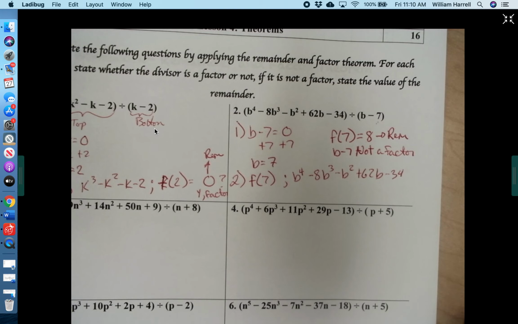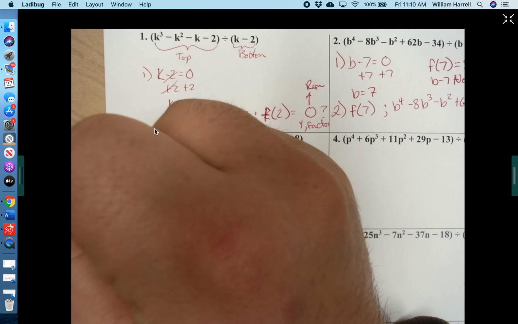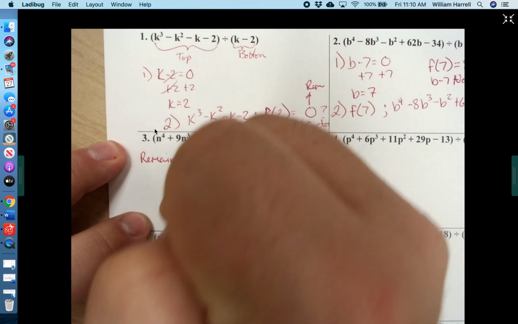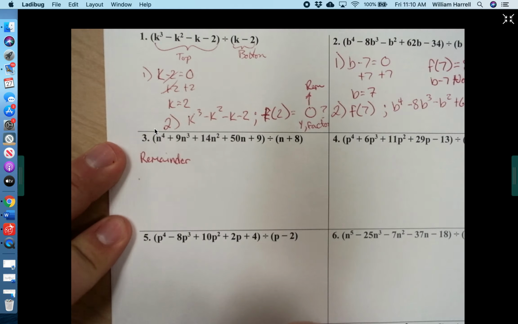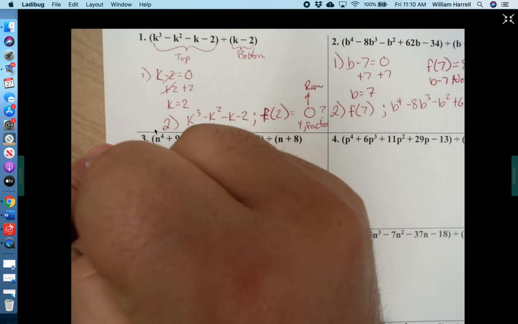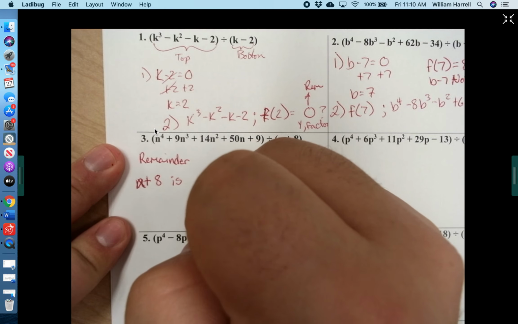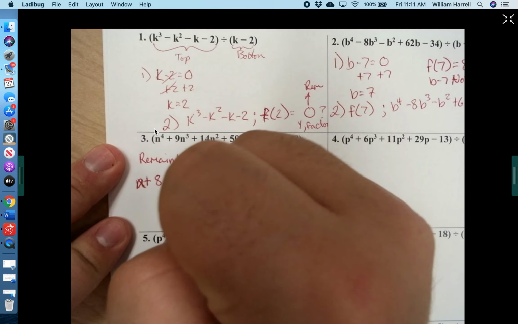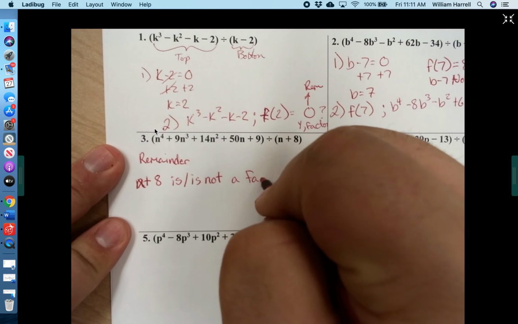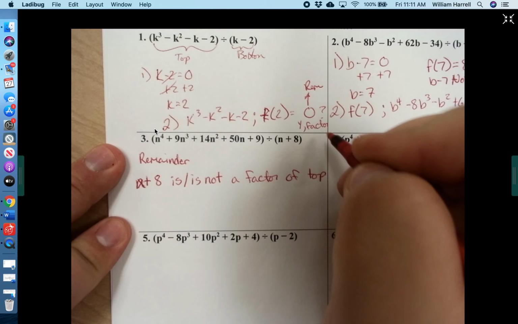So, y'all do question 3. Okay. In question 3, tell me the remainder. Also tell me is n plus 8 or is not a factor of, I'm just going to say the top.